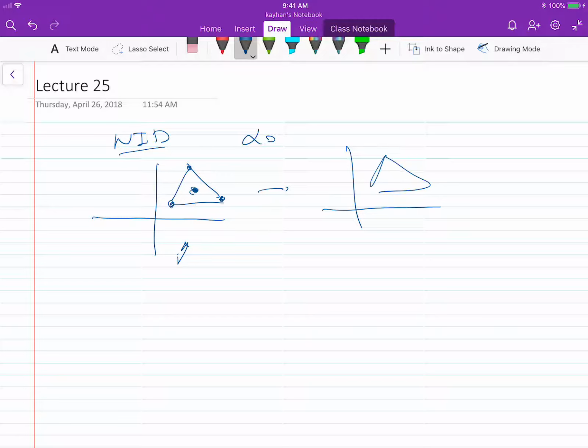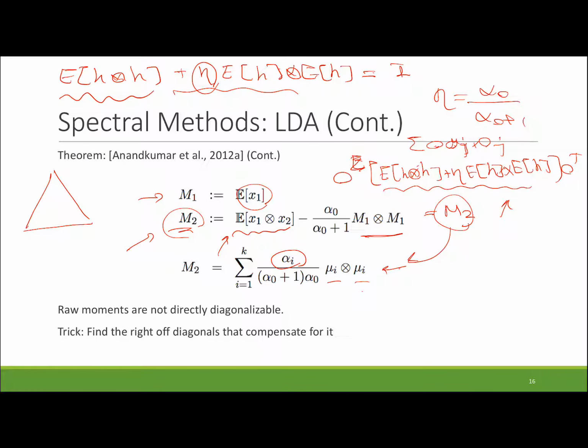And you can prove that for the entire class by doing this and setting the off diagonals to 0. You can find these eta that can correct for the off diagonal entries and extract the spectral method of doing so. So H does not even need to come from an exponential family? No.